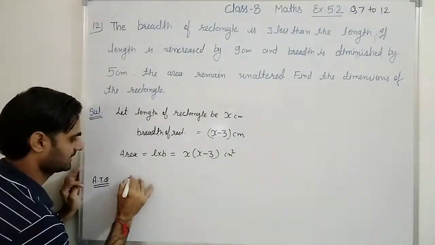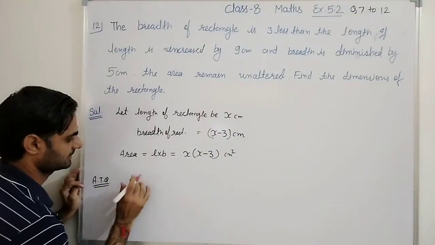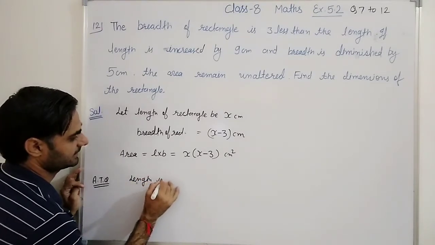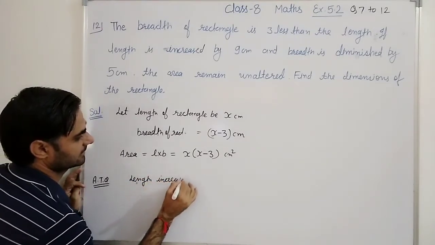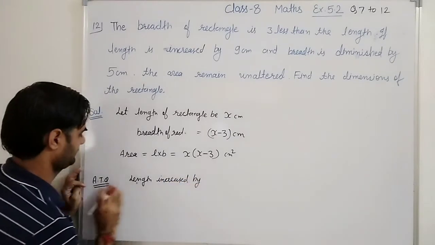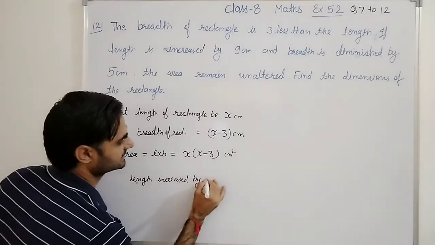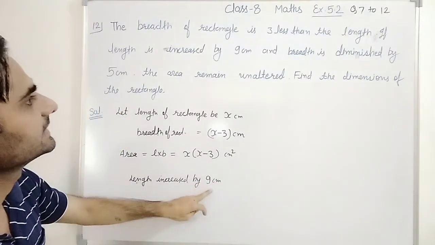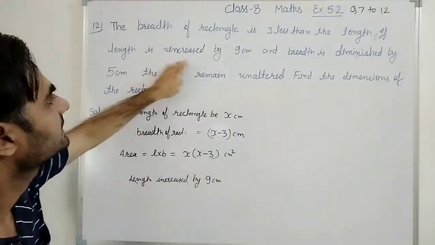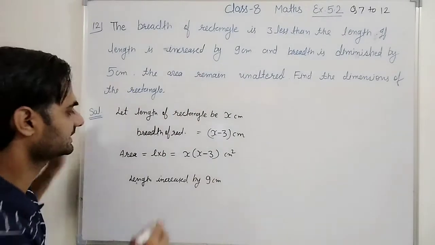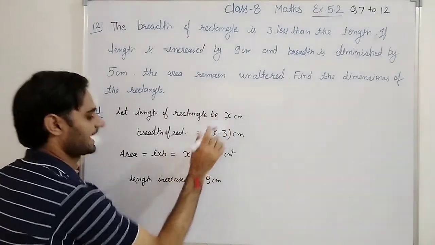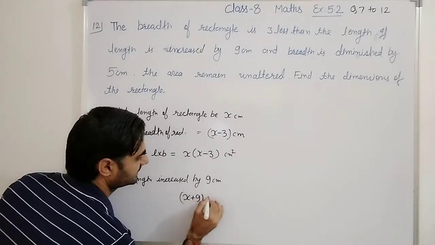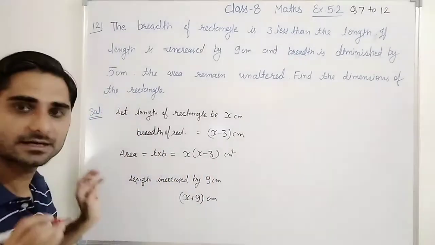L. Length increased by, पहले मैं लिख लेता हूँ इसको, length increase by 9 centimeter. अगर 9 सेंटीमीटर increase हो जाएगी तो length कितनी हो जाएगी? Increase by 9 centimeter. कितनी थी length? x. This will be x plus 9 centimeter, right na.